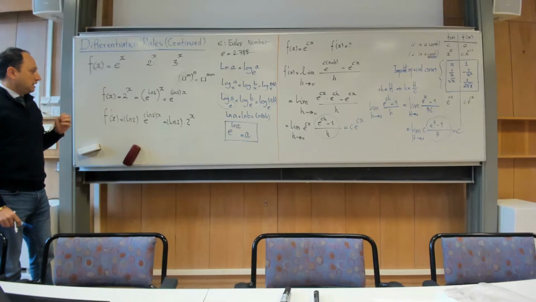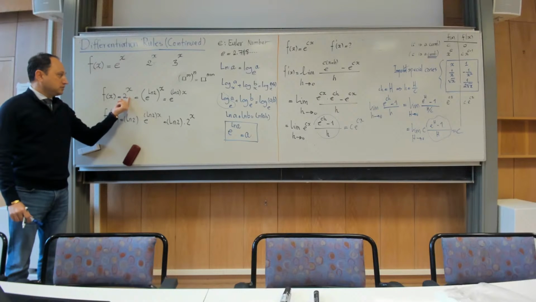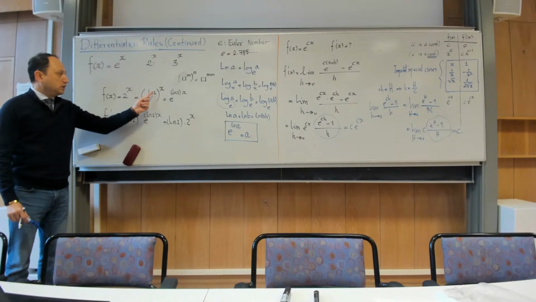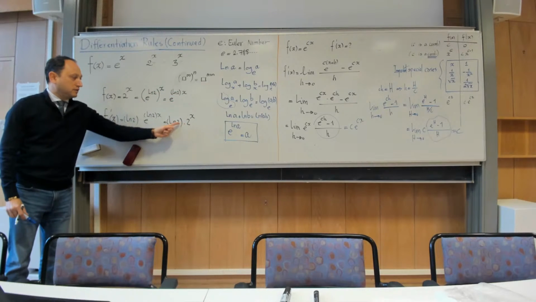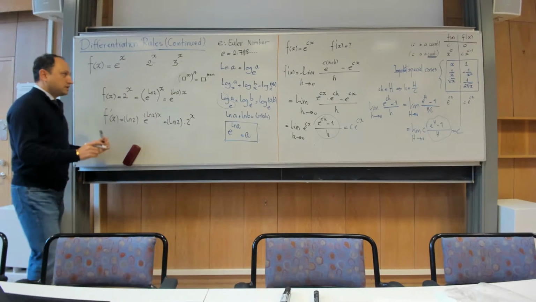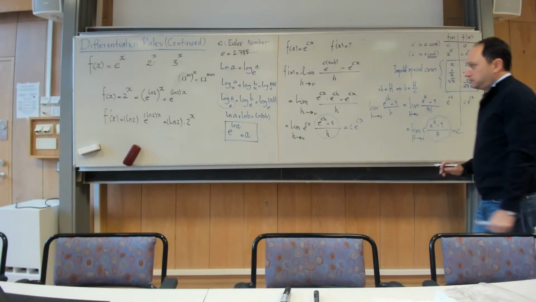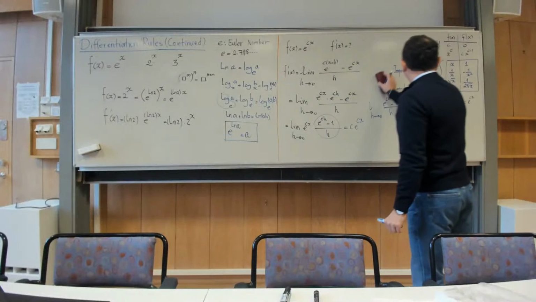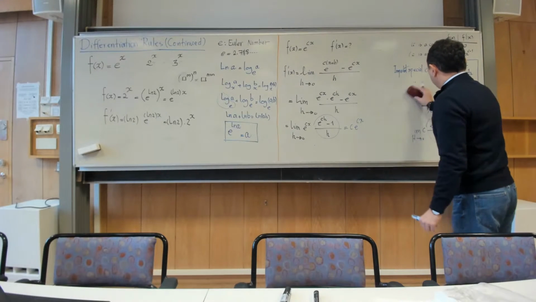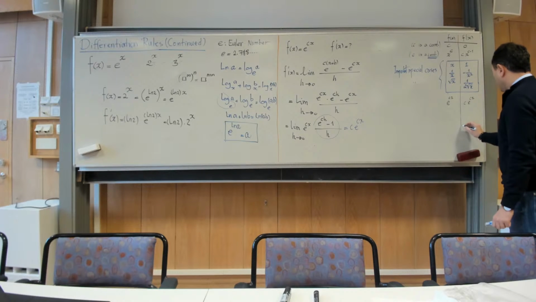And then you realize that there is nothing important about 2. If I have 3, the only thing that happens is that this here would be 3, here would be 3, and at the end it would be this. So what I write as the final one here, let me make it a little bit clear. Let me start writing it here.